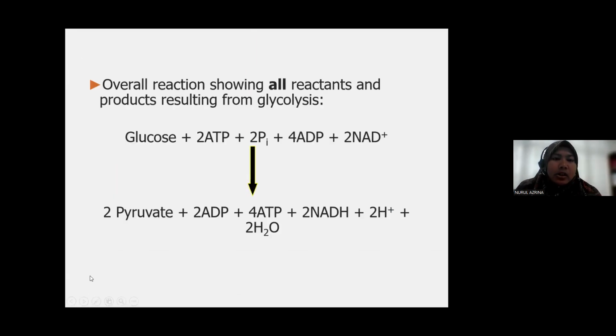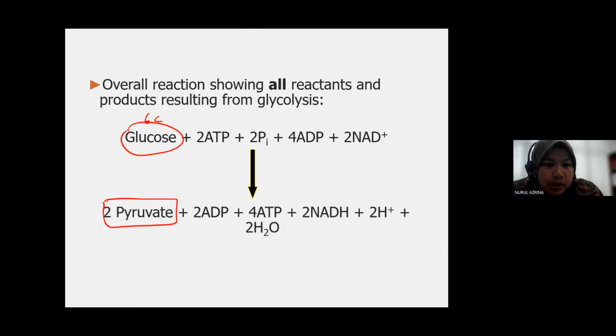Okay, so this one shows you the overall reaction, showing all reactants and the products of glycolysis. So ingat tadi, daripada glucose, 6 carbon, now it is converted into 2 molecules of pyruvate. Ini semua adalah reactants. Dan yang bawah ni semua adalah all products of the reaction of glycolysis.